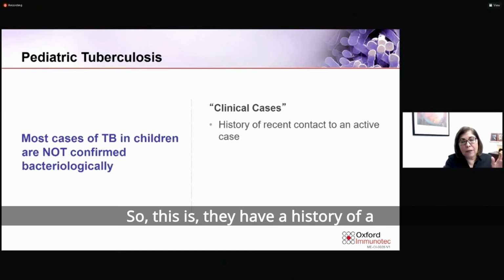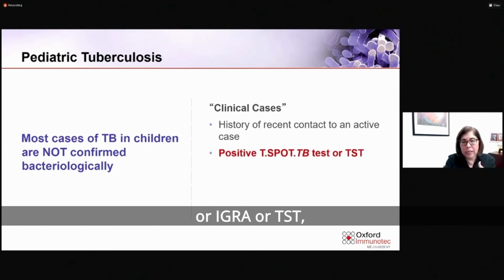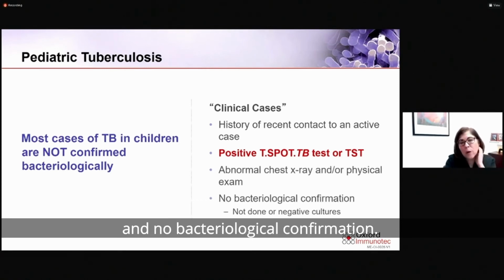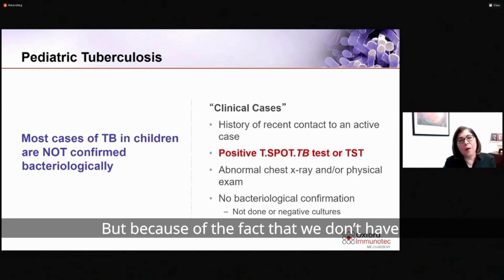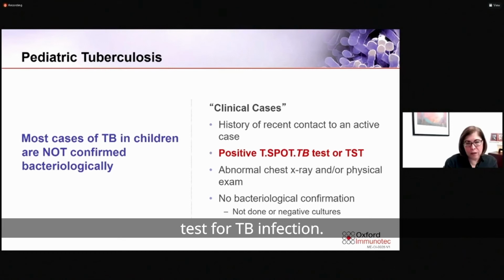So they have a history of a recent contact to an active case, a positive T-SPOT.TB test or IGRA or TST, abnormal chest X-ray on exam, and no bacteriological confirmation. But because we don't have the confirmation bacteriologically, it's very important that we use an accurate test when we're going to test for LTBI, for TB infection.